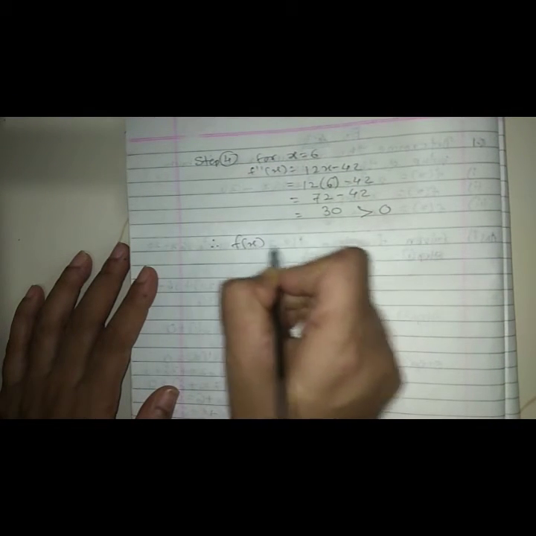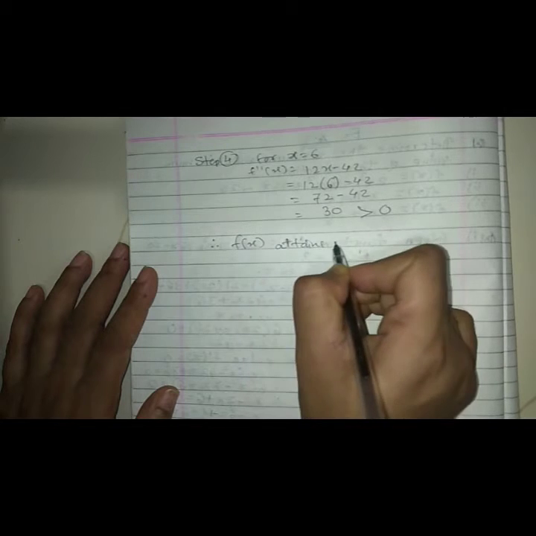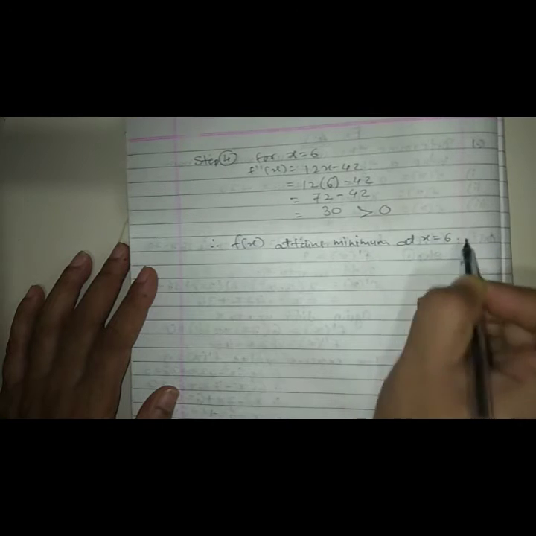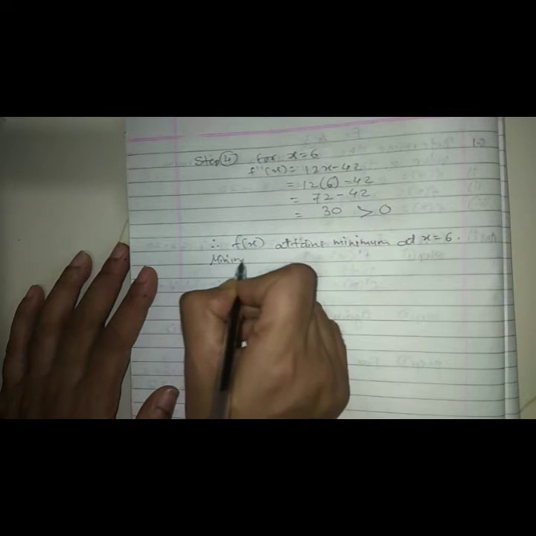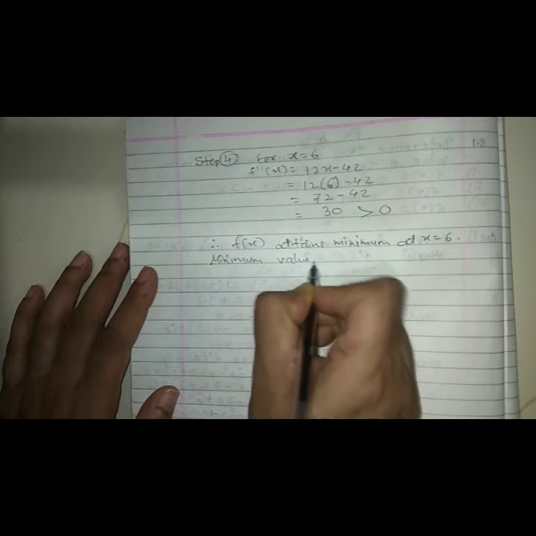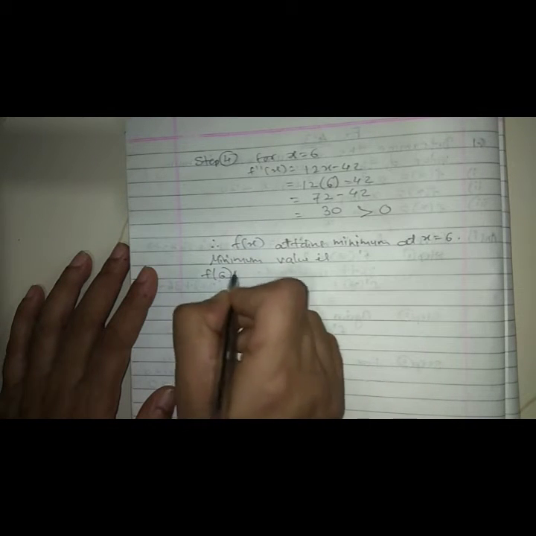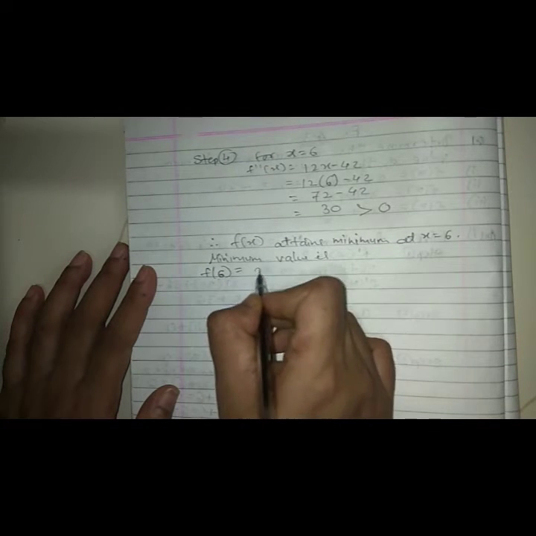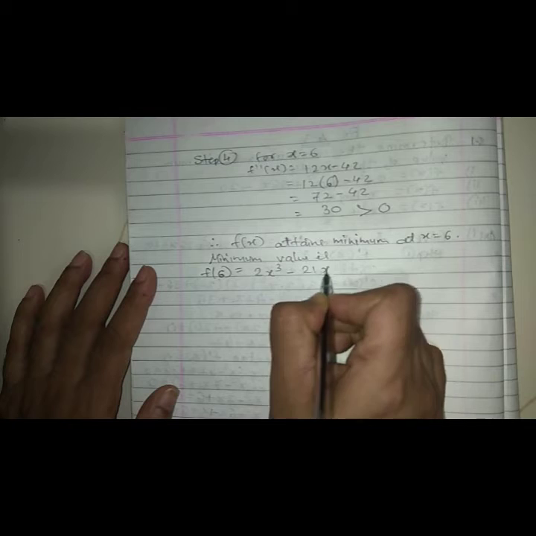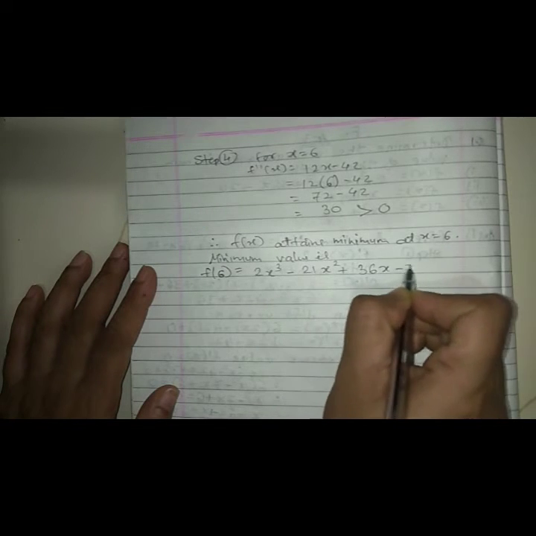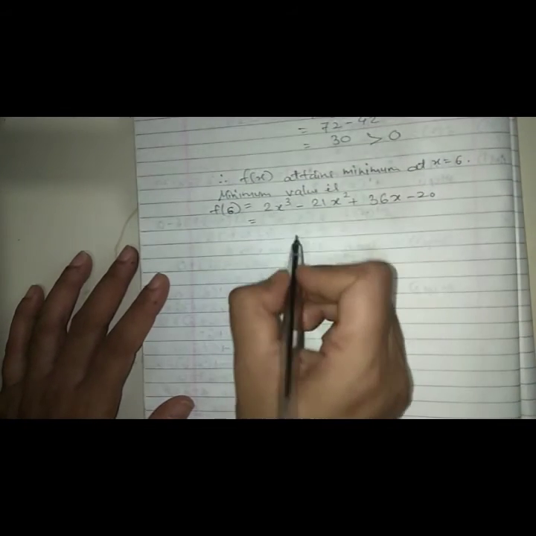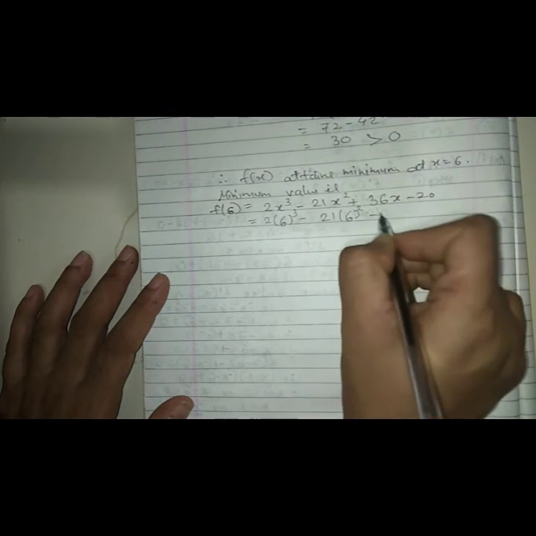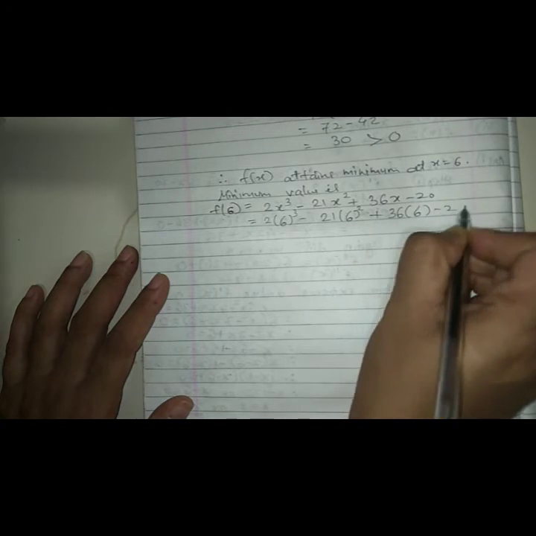Therefore, f(x) attains minima at x = 6. Now the minimum value is f(6). Again we substitute in the original equation: f(6) = 2x³ − 21x² + 36x − 20, which is 2 into 6 cube, minus 21 into 6 square, plus 36 into 6, minus 20.